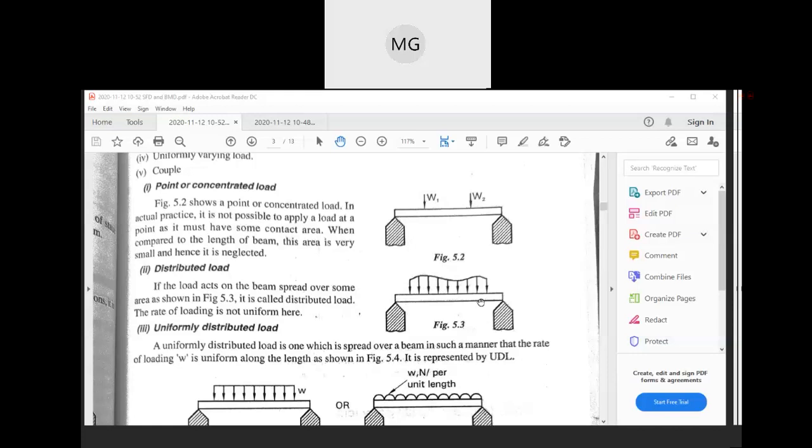If you keep books, a laptop, and a pen stand, all of them have different weights. The laptop has some weight, another book may have another weight, a different magnitude. So when you keep all these things on a table, each point undergoes a different magnitude of load. That is called distributed load.